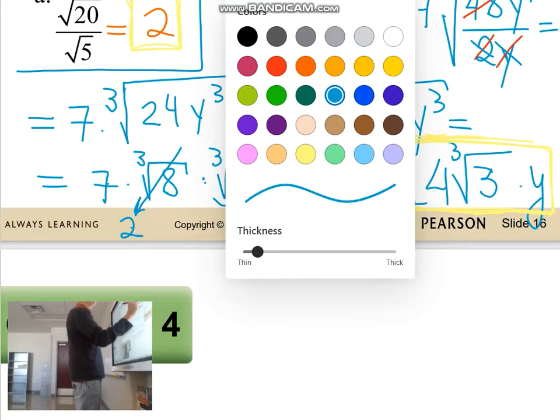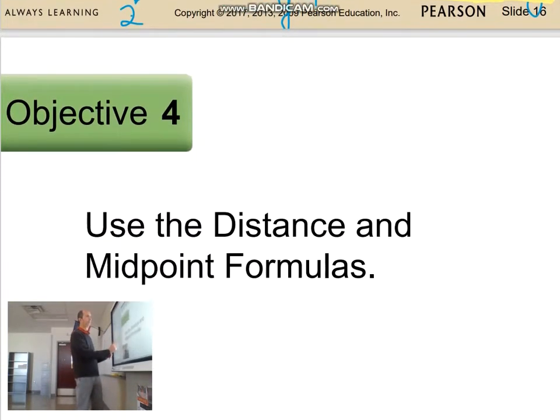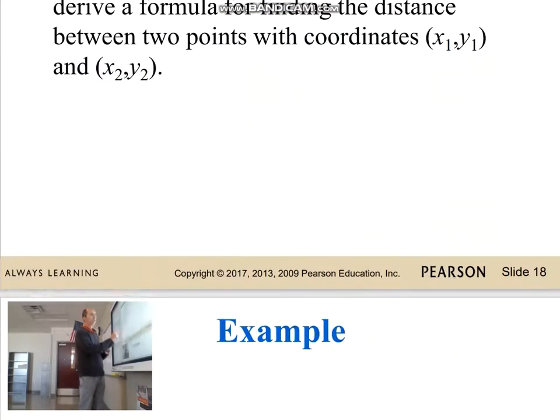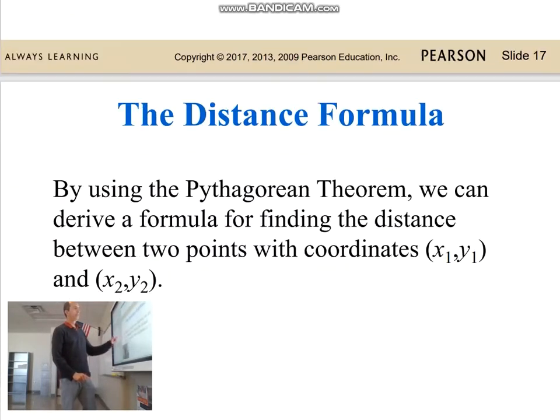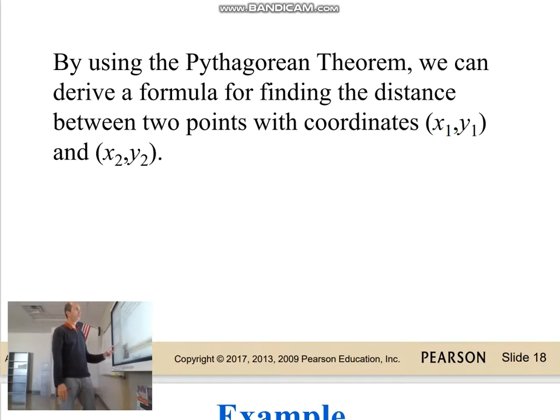Okay, now we have a new objective. Number 4, use the distance and midpoint formulas. By using the Pythagorean theorem, we can derive a formula for finding the distance between 2 points.